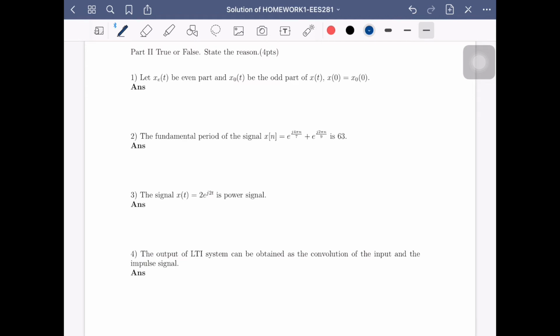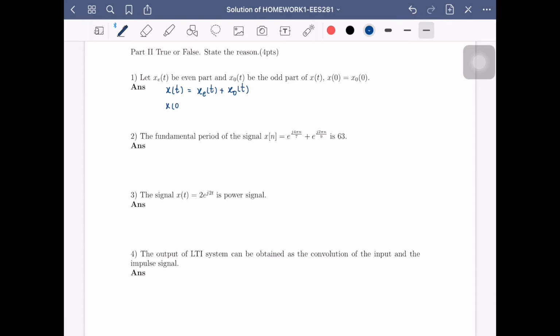First we have this equation, x(t) is equal to x_e(t) plus x_o(t), a combination of the even part and the odd part, and then we substitute t with 0.